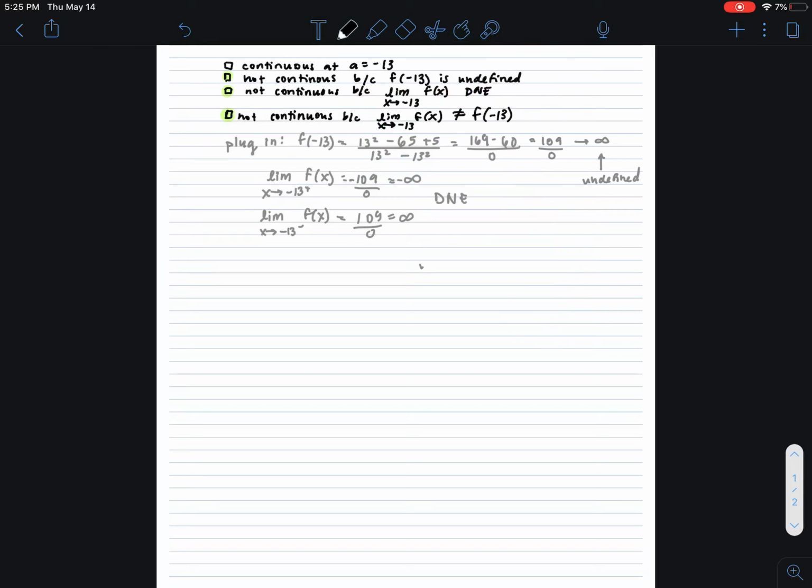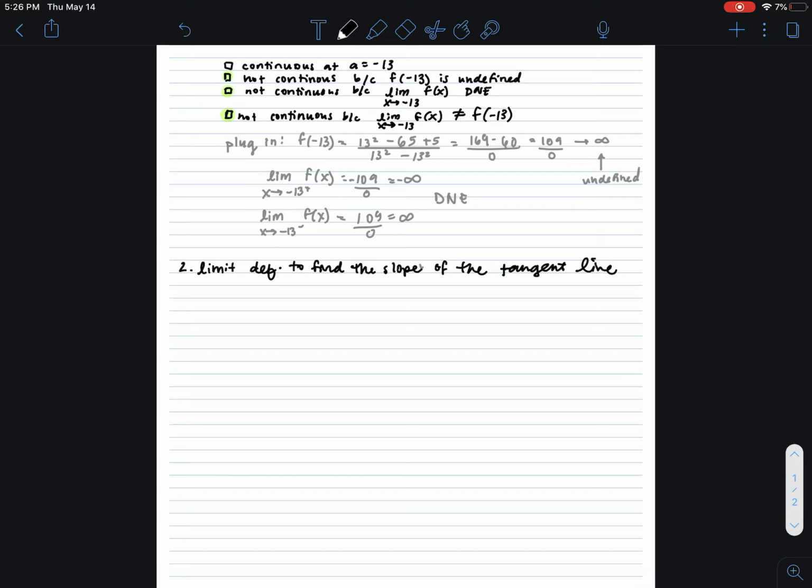Okay, so let's see here. In the exam, it wants you to use the limit definition to find the slope of a tangent line. Don't do that.